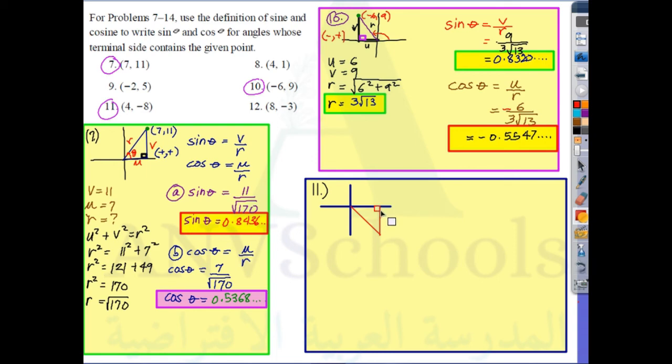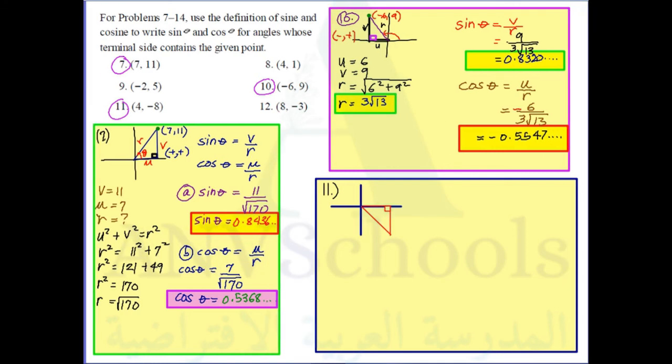So our point is here, and this point is equal to (4, negative 8). This is on the fourth quadrant. So because it's in the fourth quadrant, we would expect our cosine to be positive and our sine to be negative.